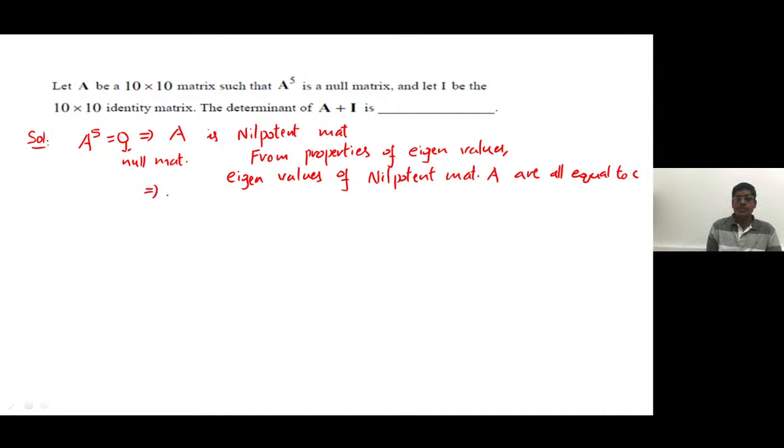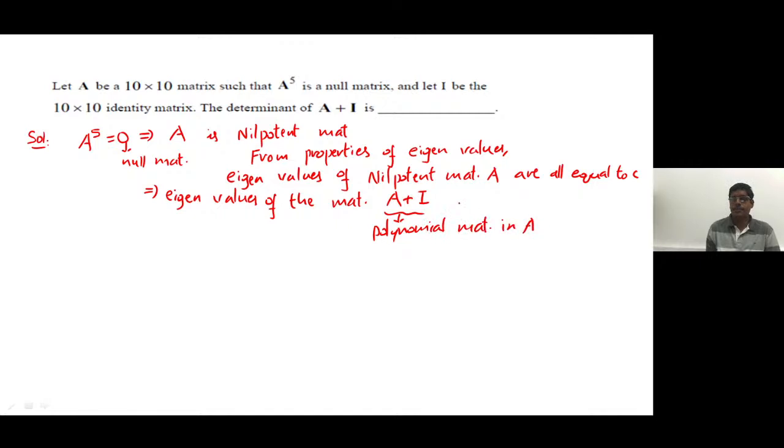So this implies the eigenvalues of the matrix A plus I, where I is the corresponding identity matrix, this is a polynomial matrix in A. Identity matrix eigenvalues are all equal to 1.